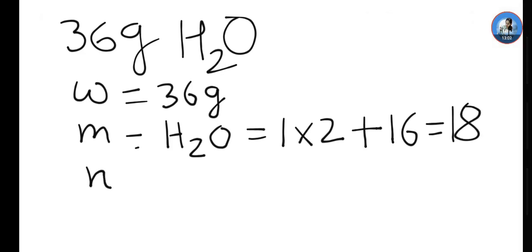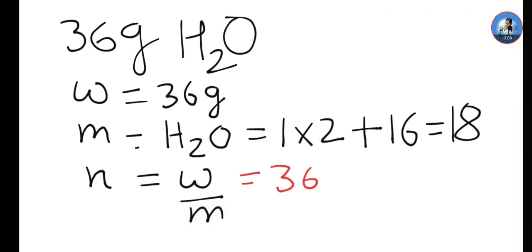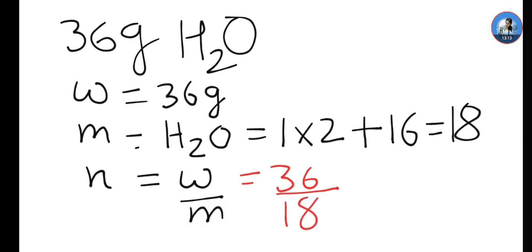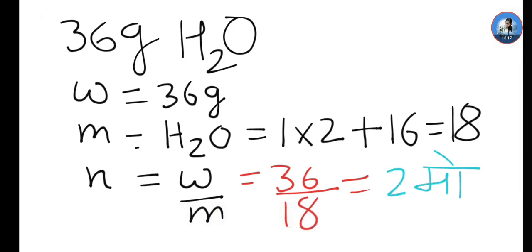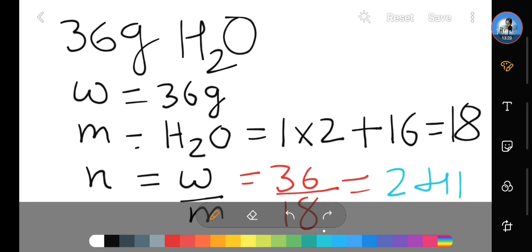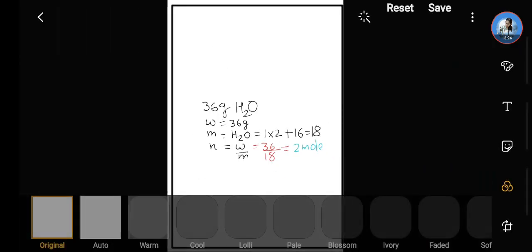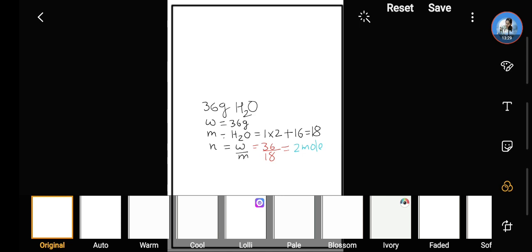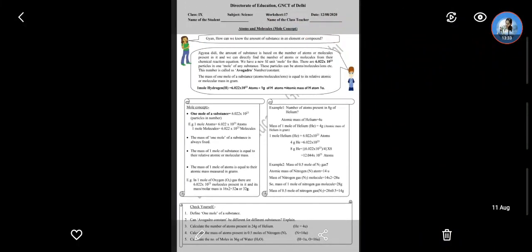We have to calculate the number of moles, that is W upon M. W is here 36 and M is here 18. So the number of moles is 2 mole. This is our answer of the last question.